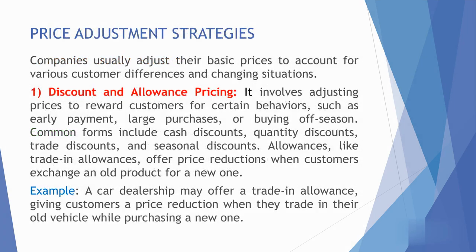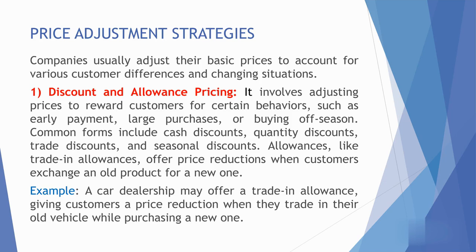Price adjustment strategies. Companies usually adjust their basic prices to account for various customer differences and changing situations. 1. Discount and allowance pricing. It involves adjusting prices to reward customers for certain behaviors, such as early payment, large purchases, or buying off-season.